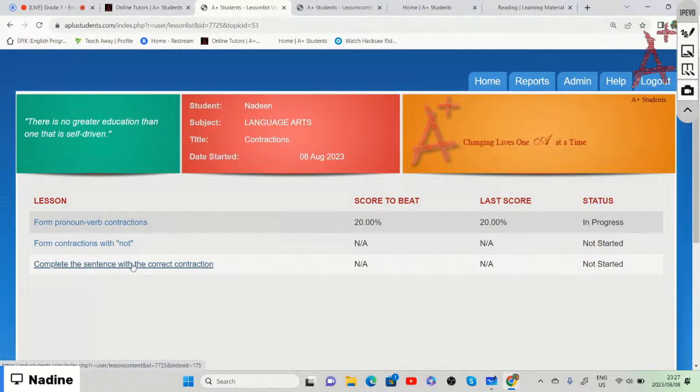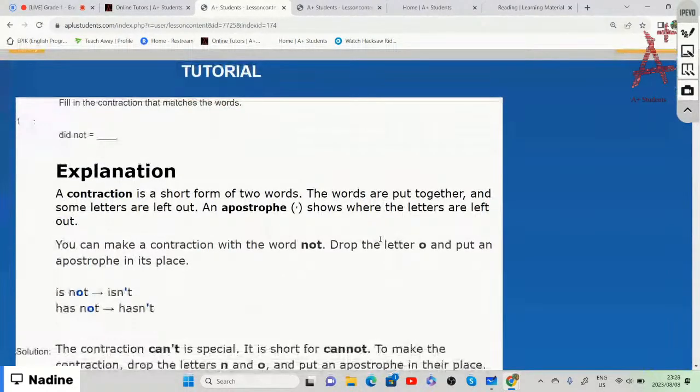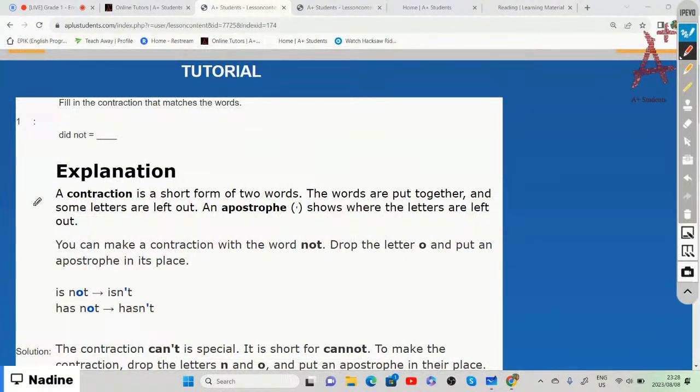So now we're going to go on to form contractions with not. Once again, a contraction is a short form of two words. We say that these two words are put together and some of the letters are left out.